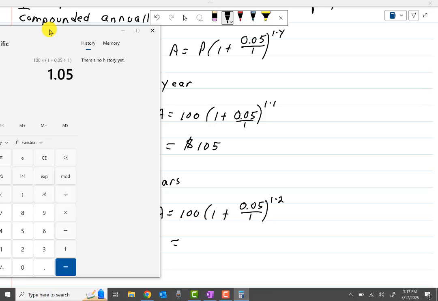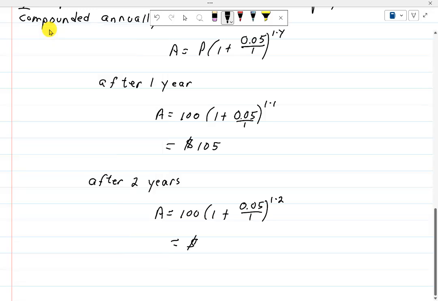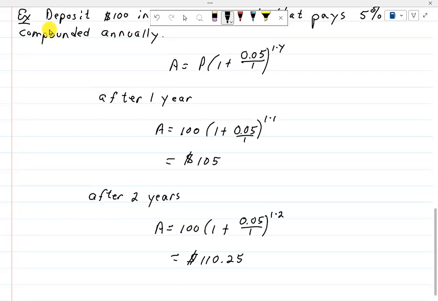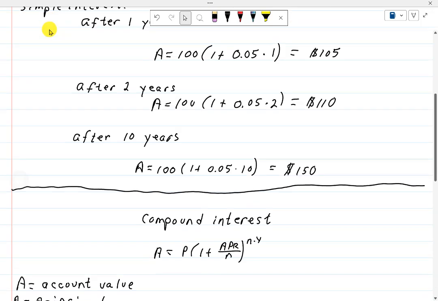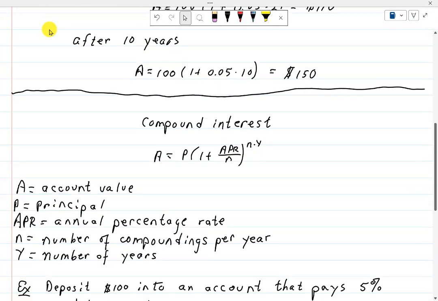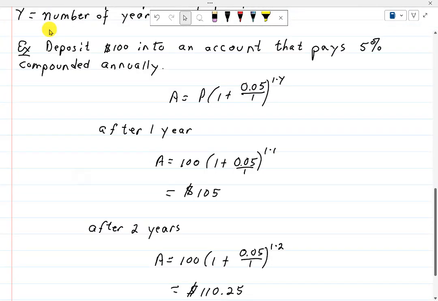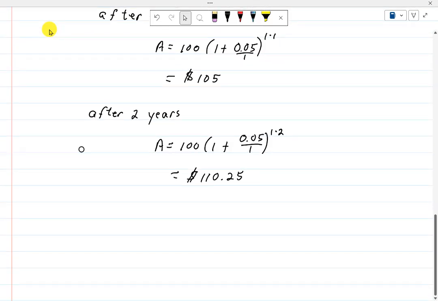Now in the exponent, I need to put a 2. So I have $110.25. Notice if we go back to the simple interest, after 2 years it was only $110, so this made a little more money after 2 years, 25 cents in fact.